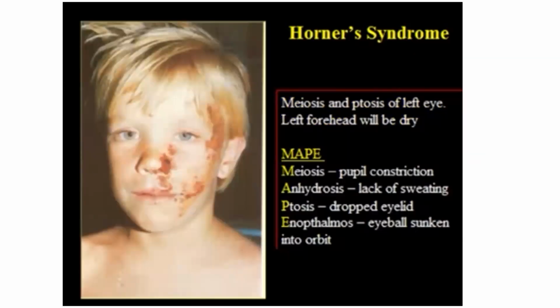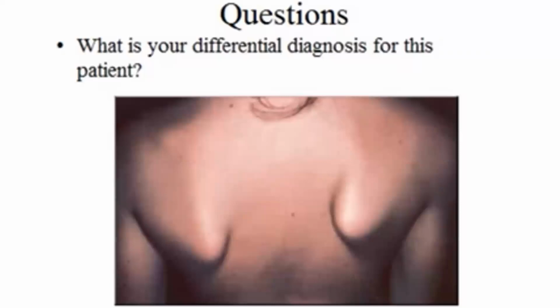You have to know about miosis, pupil constriction, and anhidrosis. This is the appearance from anhidrosis of how the face will show. This would show a patient coming to you with a prominent winging of both scapulae. You have to never forget facioscapulohumeral palsy.